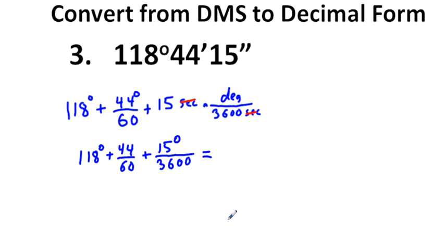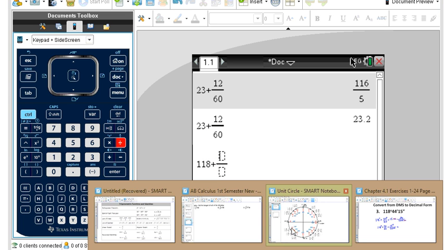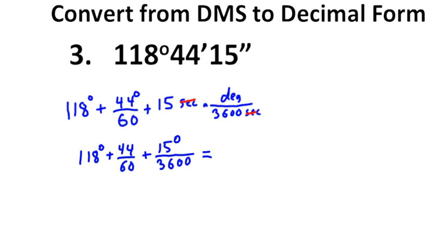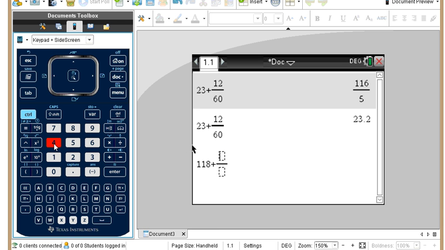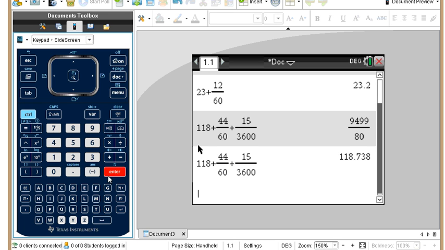Going to our calculator, we have 118 plus 44/60ths plus 15 over 3,600, and we get this improper fraction, which decimalized, we get 118.738.